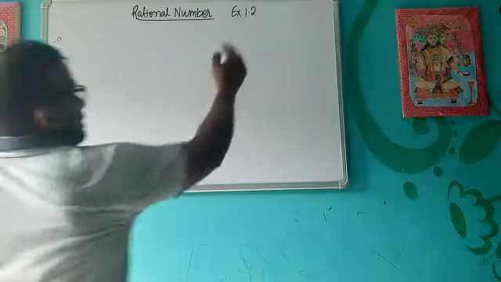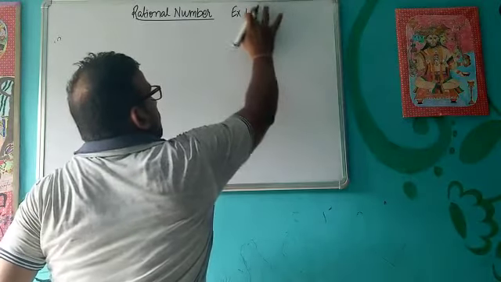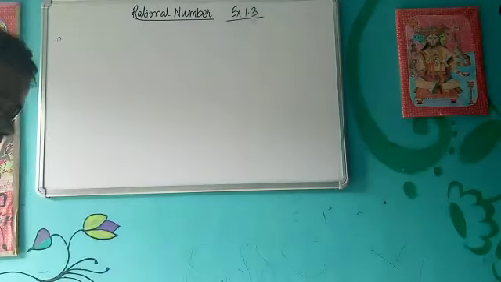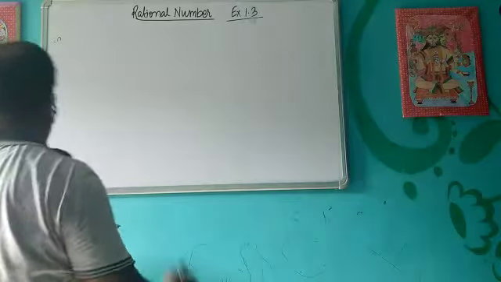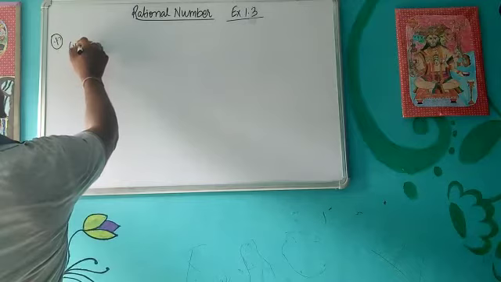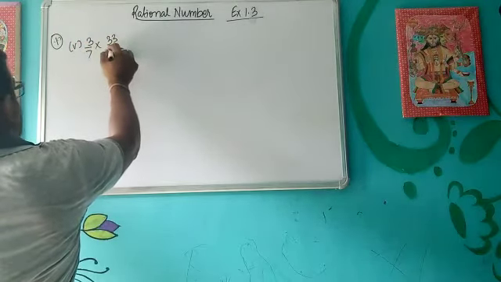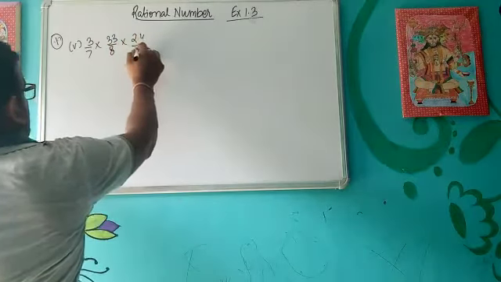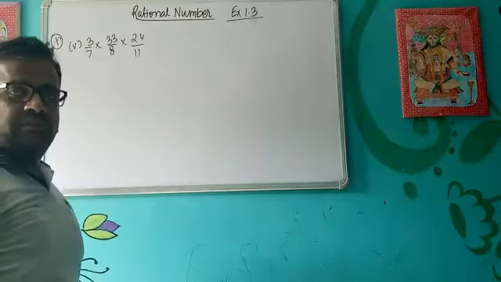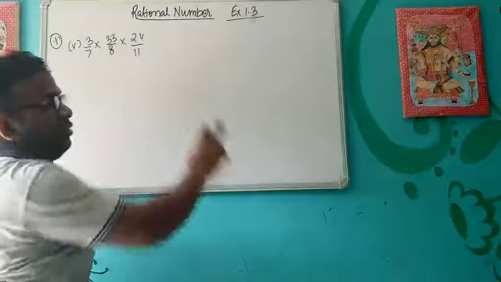Then let's discuss the multiplication or division of rational numbers. So let's see, many times you have solved such questions. See, whenever you are doing the multiplication of rational numbers, no need to multiply the denominators and numerators together.